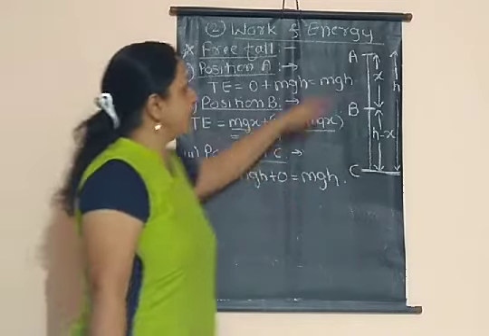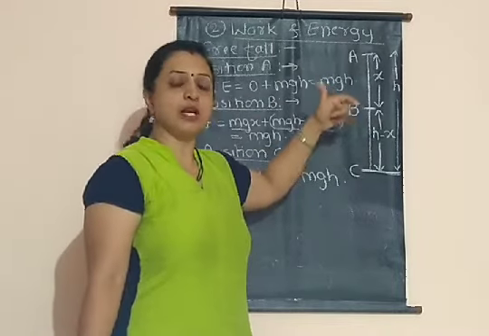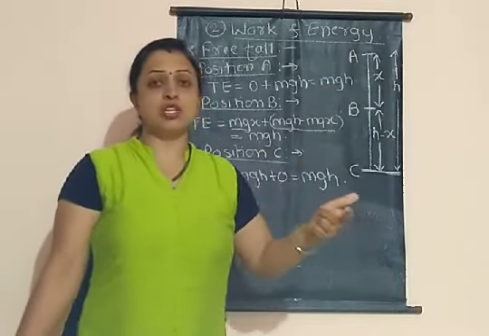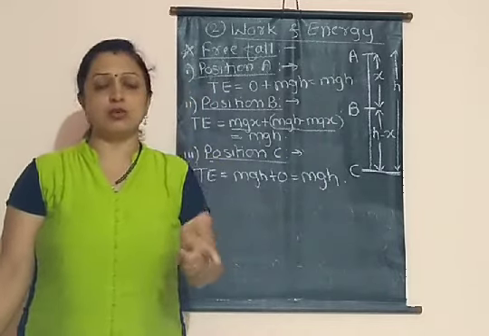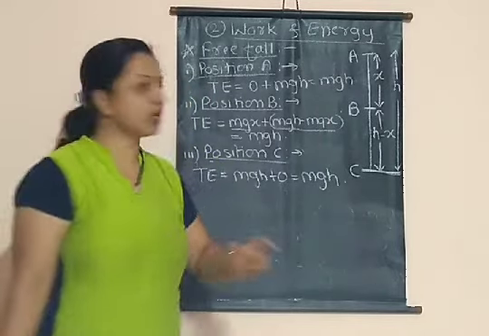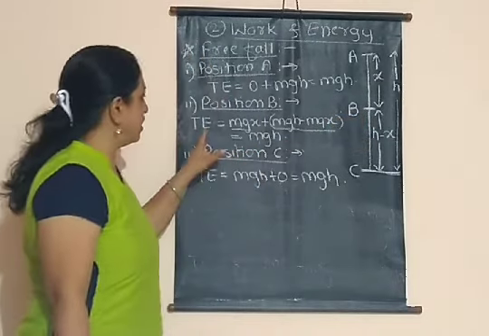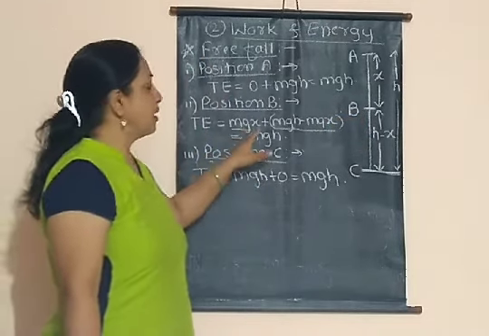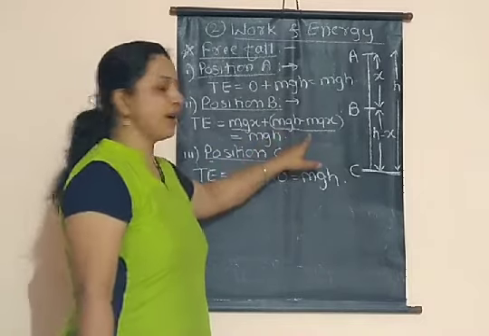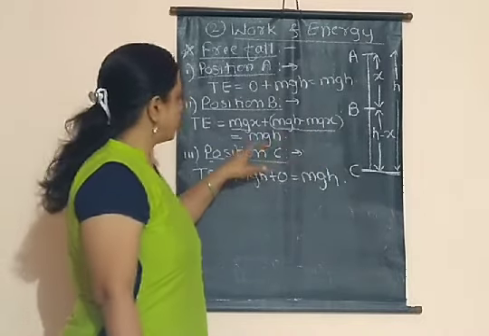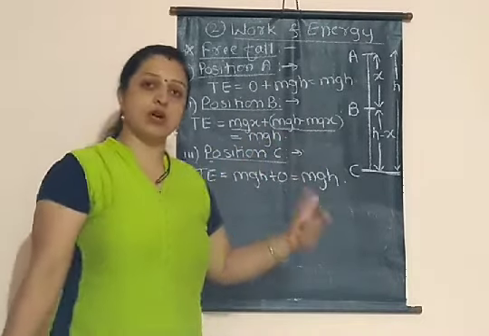Then when the object is released from that height h, the potential energy gets converted into kinetic energy. When it reaches position B, the total energy is partially kinetic and partially potential, but the total energy remains constant.